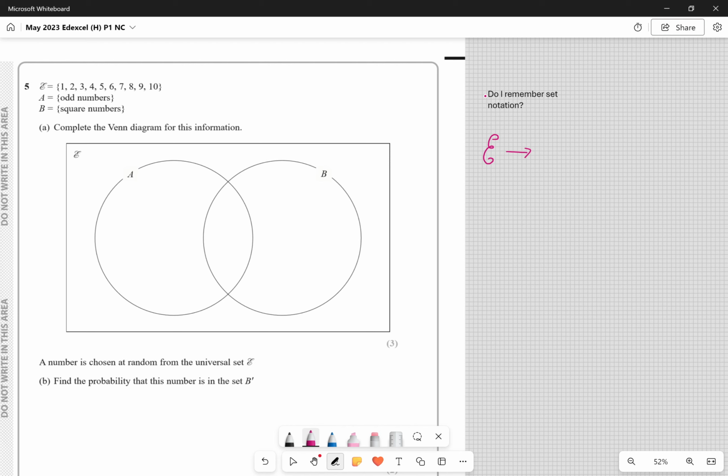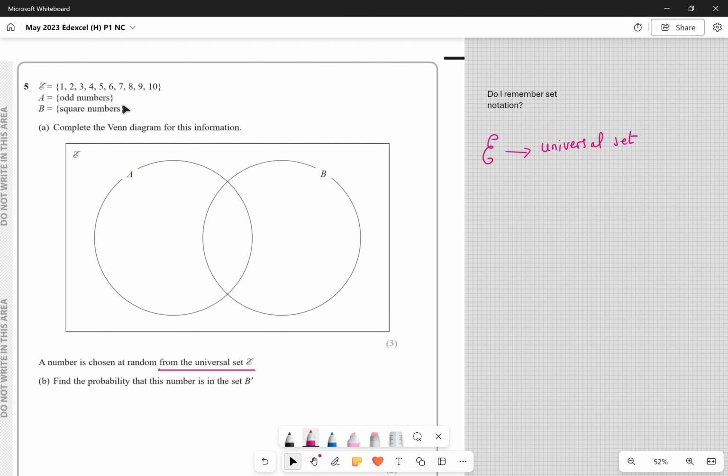So if you look underneath the Venn diagram, you can see a number chosen at random from the universal set E. So that there is the universal set, meaning that that's the set of everything that we're considering, and then we have some subsets here. So A and B are subsets of the universal set, meaning that the members of A and the members of B are going to come from the universal set.